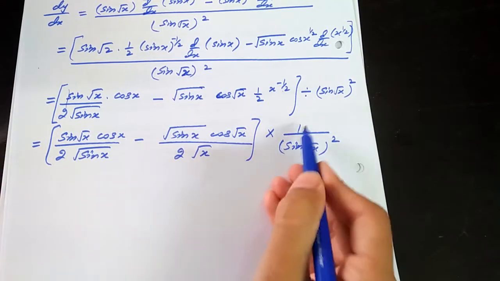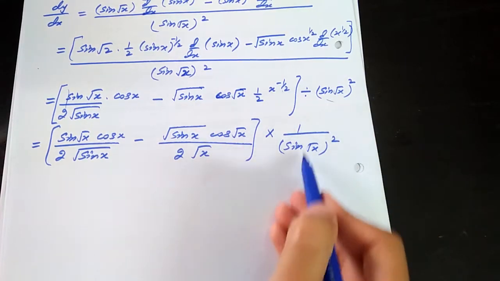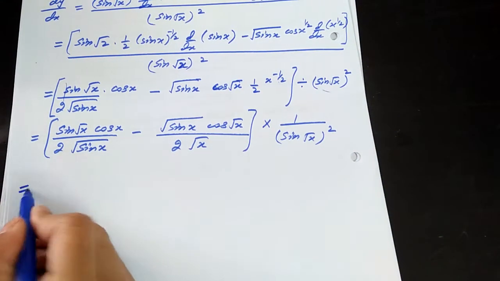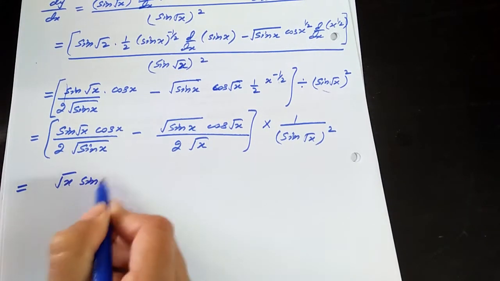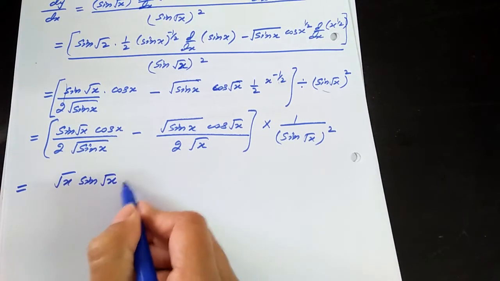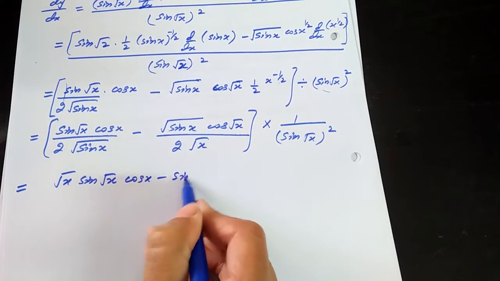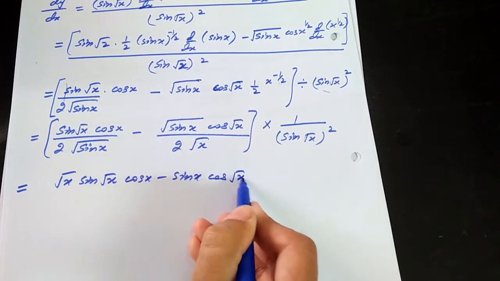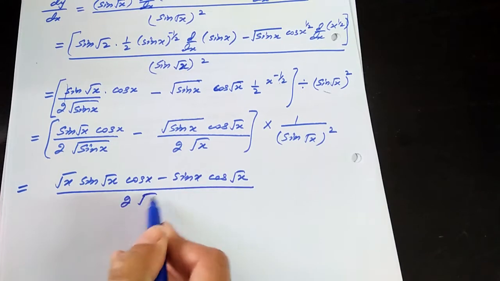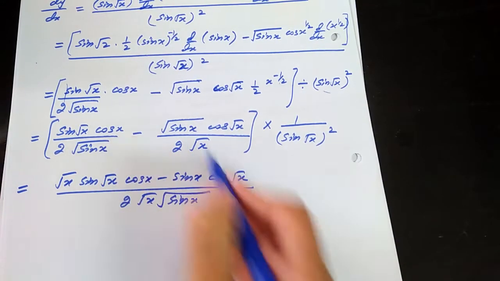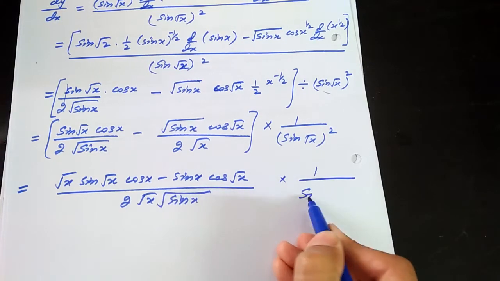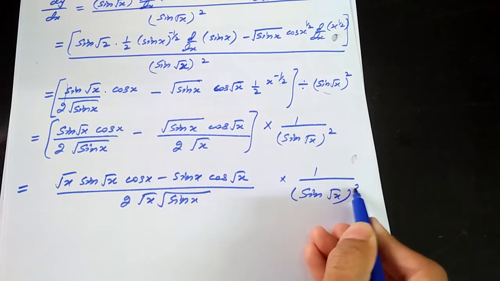Change this division sign to multiplication so that we can write it in reciprocal form. Now take the LCM here, we will get here √x sin√x cos x minus sin x cos√x divided by 2√x √(sin x) whole, multiplied by 1 over sin√x whole square.